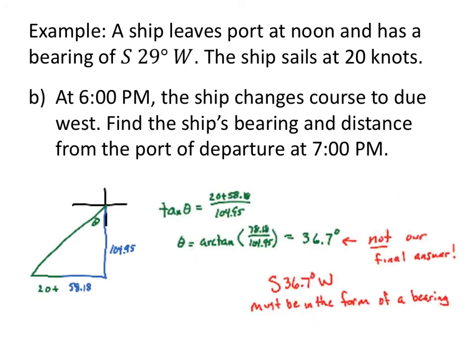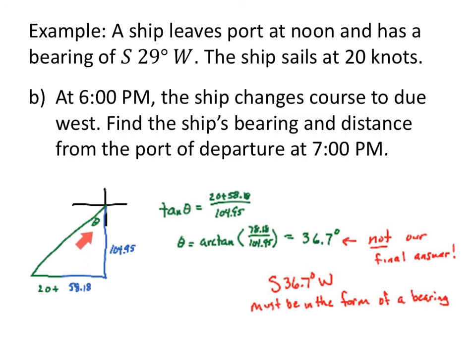Now at 6 p.m., of course, the ship is going to change course to due west. So it was here. Now I want to go due west. And I want to find the ship's bearing and distance from the port of departure at 7 p.m. So 1 hour later, still traveling at 20 knots, I'm going to add 20 to this length. So I know my full length is 78.18. I know my south is 104.95.